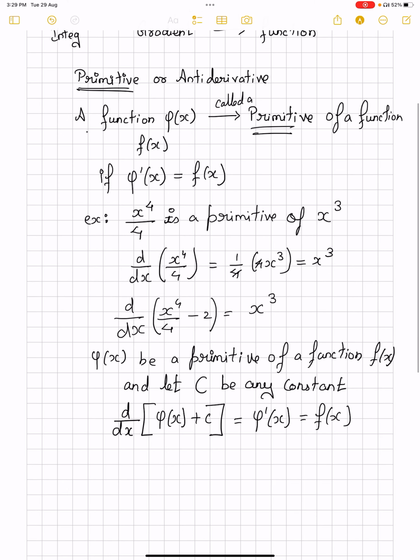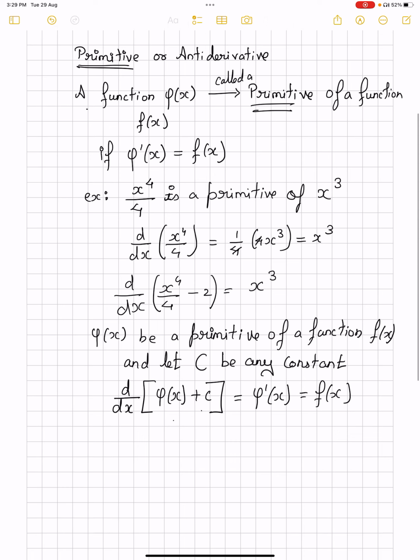Don't get afraid by looking at it; I will explain it after this. Phi of x plus c is nothing but x to the power 4 by 4 minus 2, so c is minus 2 here. Or if I say plus 1, c is plus 1 here. Whatever it is, after differentiation I would get that, which is equal to f of x.